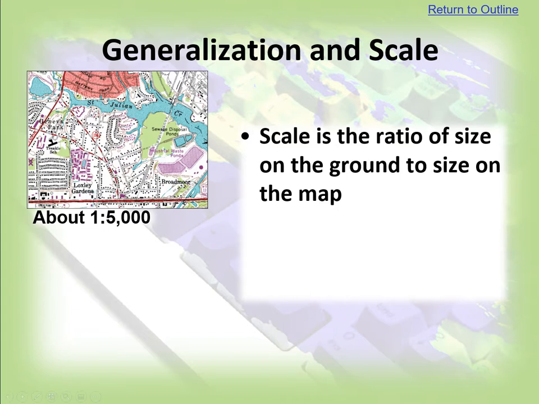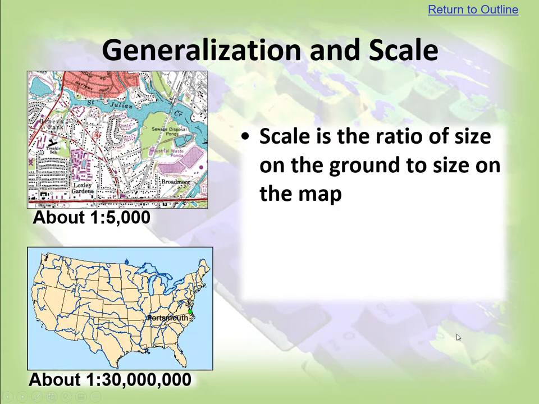If you were to take this to your screen and measure between 2 points and apply the scale, you could actually calculate the distance on the ground. This one is about 1 to 30 million. Again, I can measure across the entire country, but I can't see a lot of detail, right? The more I zoom in to a location, the more detail I can see.